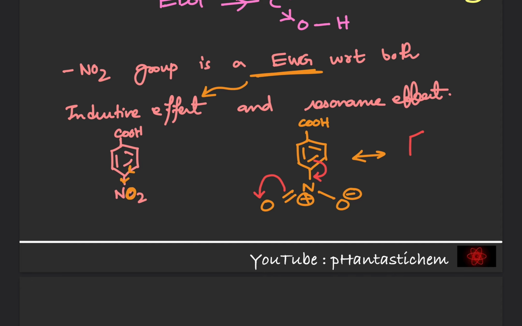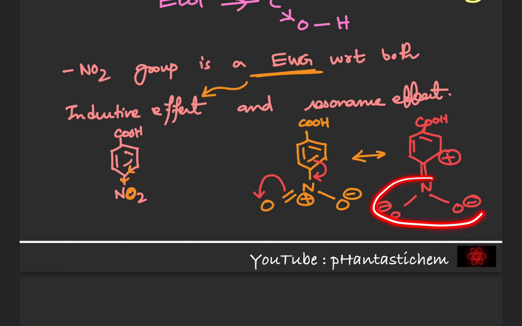Okay, so the next resonance structure will be N with O minus, O minus, and there is a positive charge. Okay, so you can see according to resonance, these electrons are coming out of the system. So therefore NO2 is behaving as an electron withdrawing group with respect to resonance also, and therefore it is an electron withdrawing group with respect to both the inductive effect as well as the resonance effect.